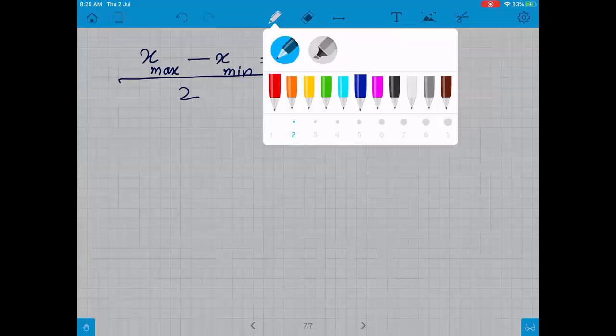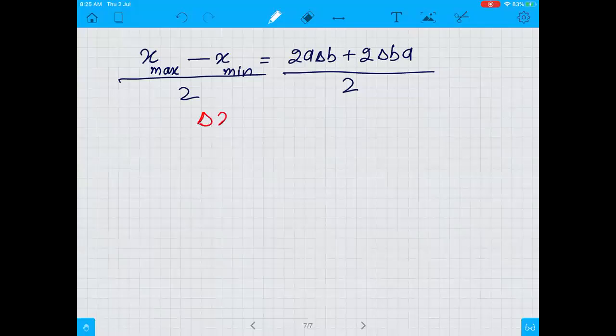Now the left hand side will become delta x, uncertainty in x, and on the right hand side you can take 2 common. This was basically delta AB.